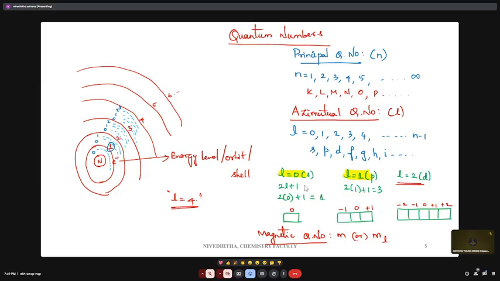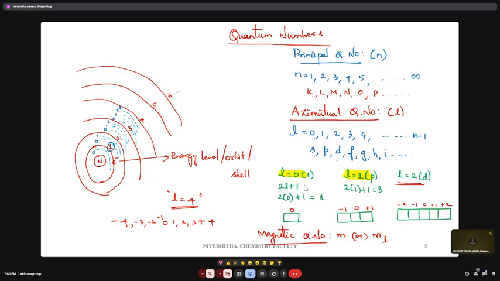If L equals 4, then what will be the magnetic quantum numbers? -4, -3, -2, -1, 0, 1, 2, 3, 4. Very good. So -4 to +4, and we have to include 0 also.